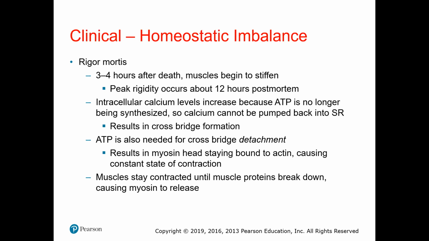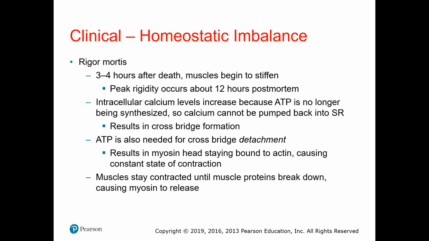So what happens here is, after death, the muscle cells can survive for several hours. Muscle cells have lots of stored oxygen present in the myoglobin. That's what makes our muscles red. They've got lots of glucose stored in the glycogen.